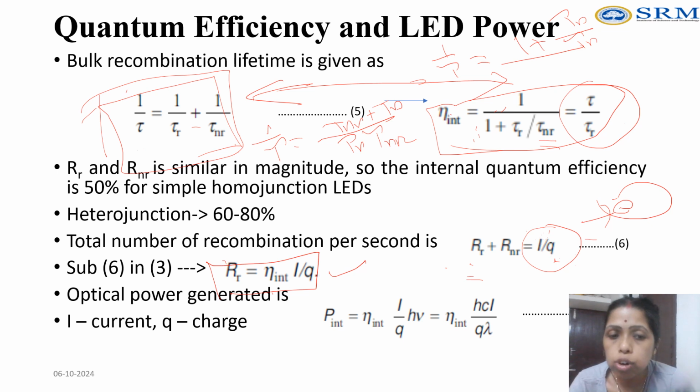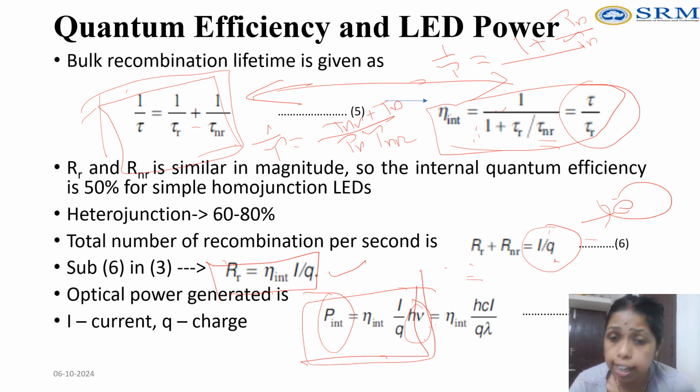Now if you want to calculate the optical power, the internal optical power, that is equal to the radiative recombination multiplied by the photon energy h nu. So you will get this relationship between the power and the internal quantum efficiency.